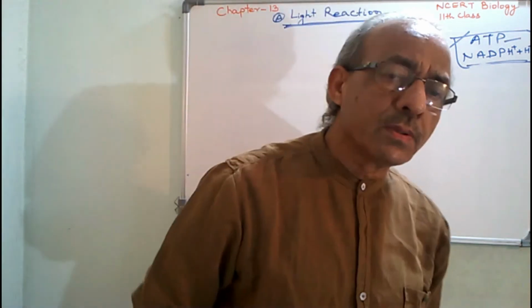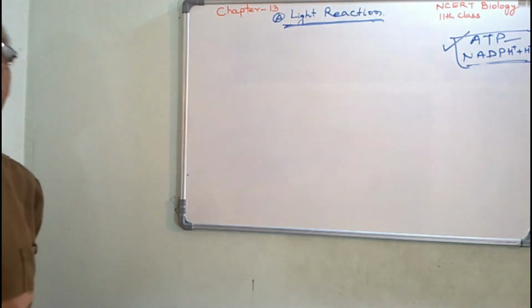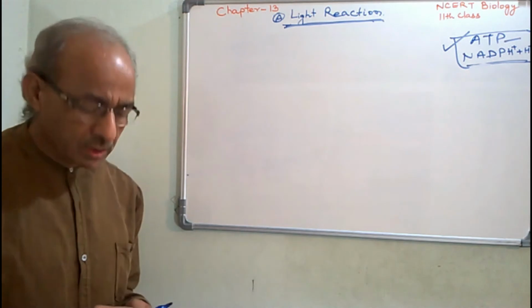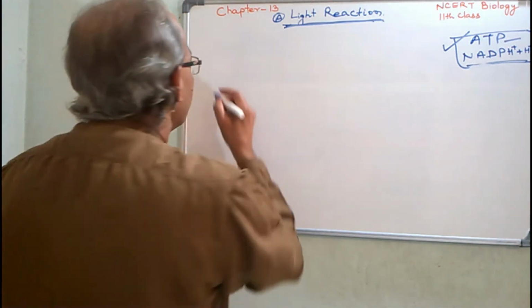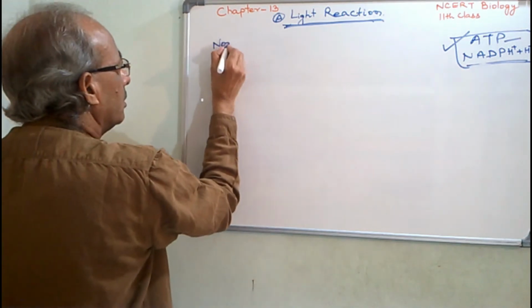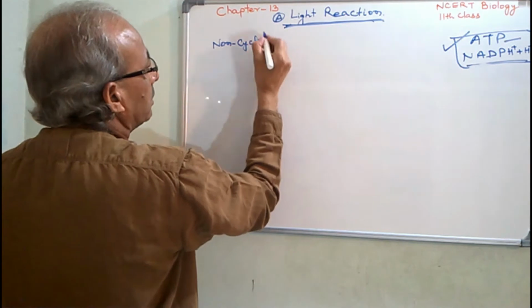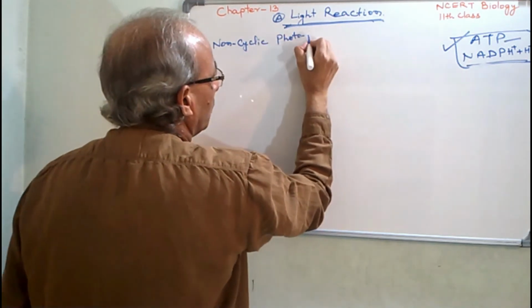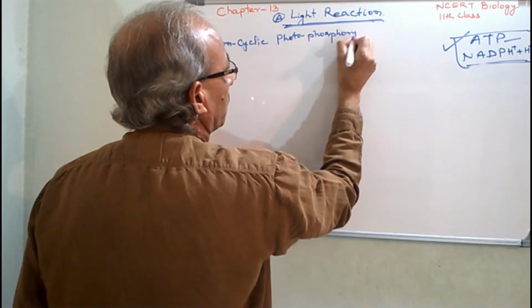In the case of participation of both the photosystems, the electron transport system is called non-cyclic photo-phosphorylation.